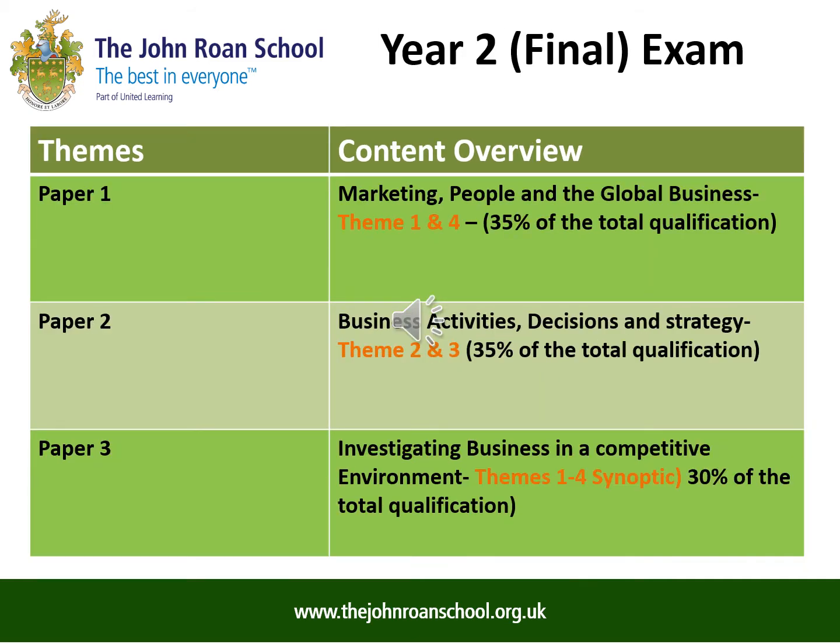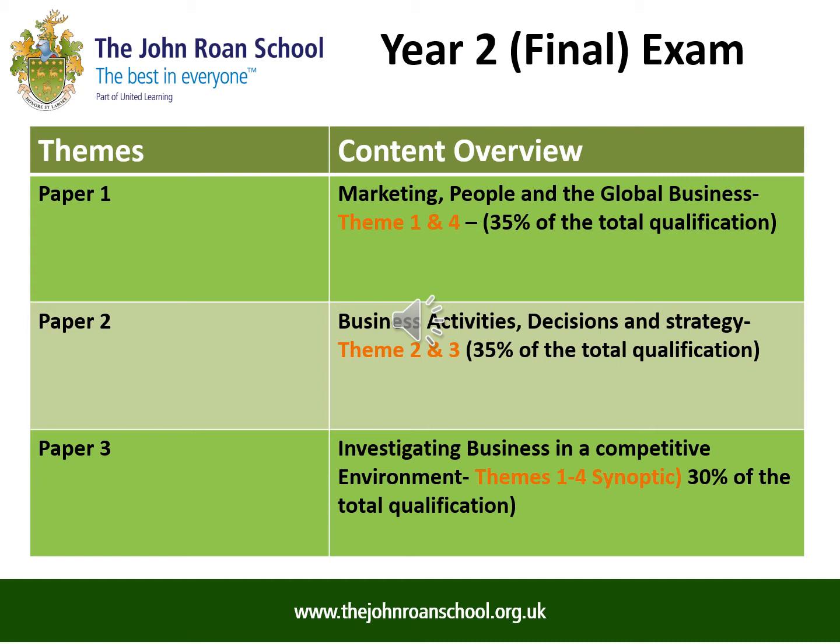The main exam at the end of year 2 consists of 3 papers: paper 1, paper 2, and paper 3. Paper 1 consists of theme 1 and theme 4. This makes up 35% of the total qualification.